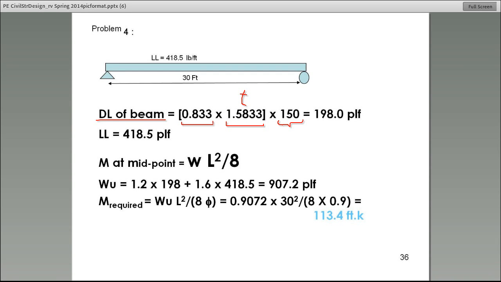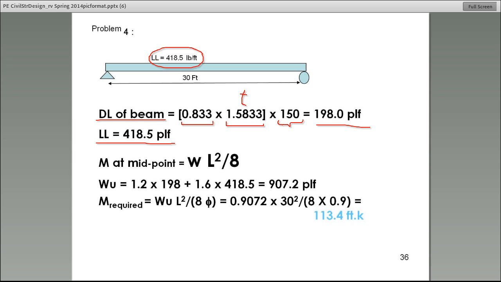Well, the tolerance of the answer will be such that if you use anywhere from 140 to 150, you would get their target value. So in this case, we multiply that, and you get the dead load of the beam is 198 pounds per linear foot, and the live load was given to be 418 pounds per linear foot. That actually was given.